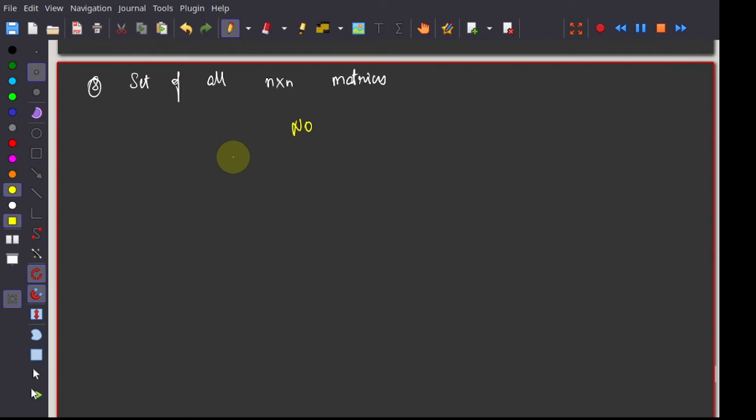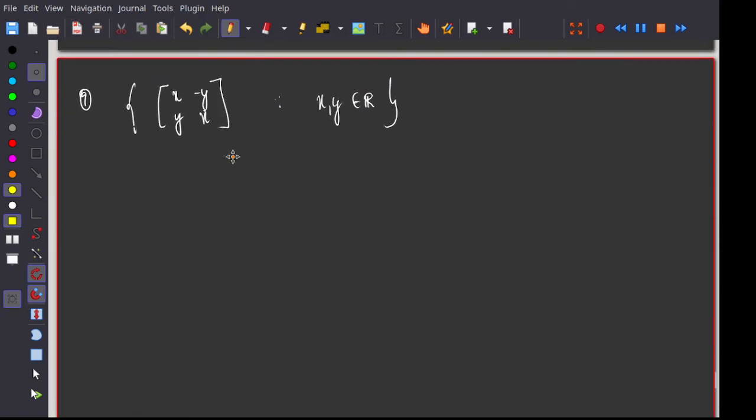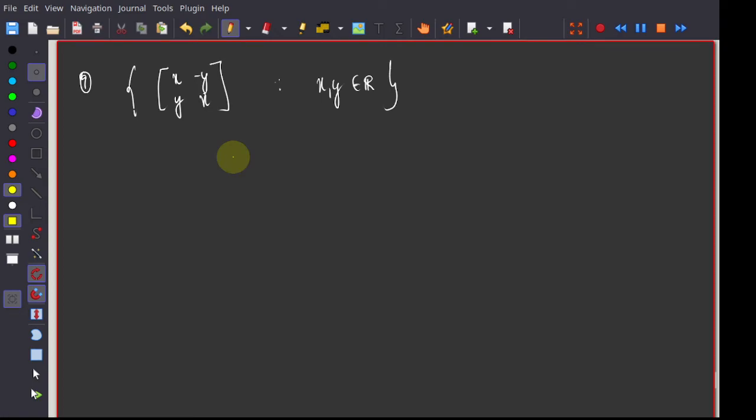Associative, it is associative. Okay, so here's something a little more interesting. The set of all matrices which have this specific structure, the set of all 2 by 2 matrices of the form x, minus y, y, x, where x and y are real numbers.